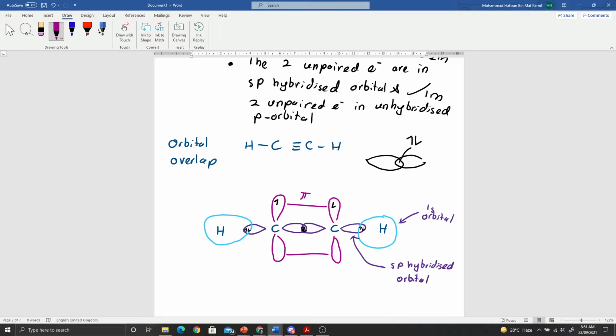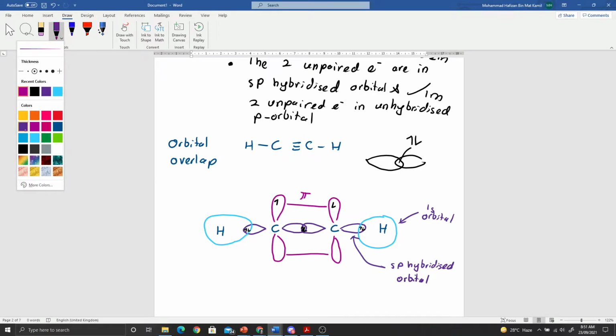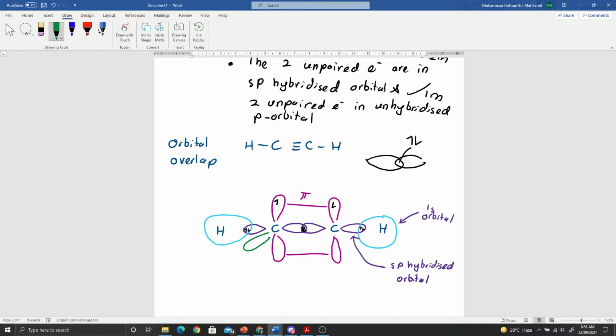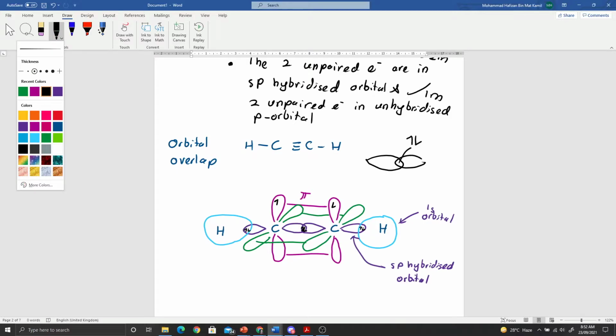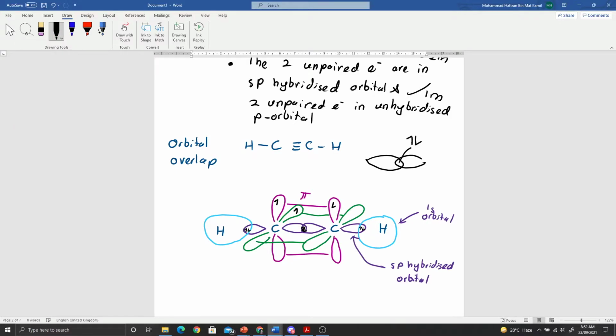Above or below is the same. So we usually represent one shape only. The second pi bond is the sideways one. We have two, for example this is the z axis, this is maybe the y axis. Between this and this, we also draw the electrons, one spin up, one spin down.